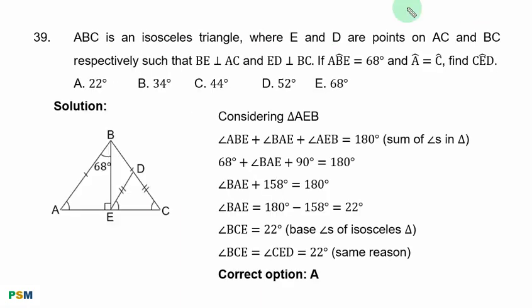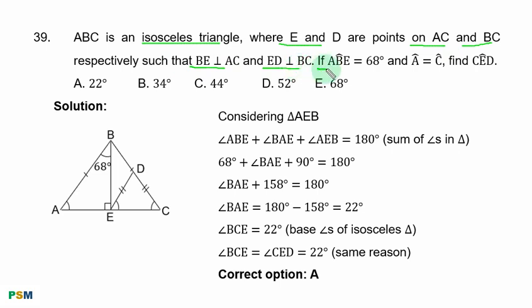Question 39. ABC is an isosceles triangle where E and D are points on AC and BC respectively, such that BE is perpendicular to AC and ED is perpendicular to BC.